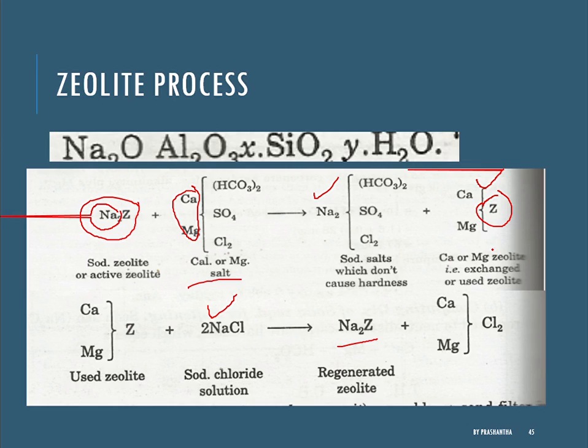The washing with zeolite is done at a rate of 0.2 to 0.4 meter per minute. This softener can operate with upward or downward flow. Generally, upward flow will be suitable.